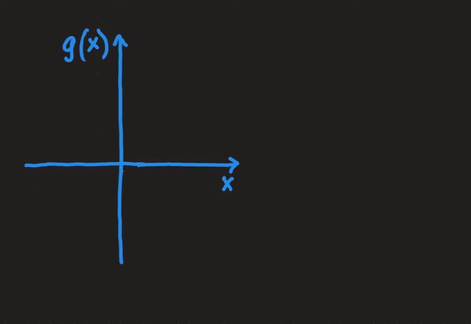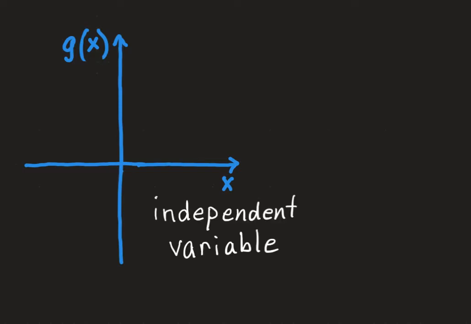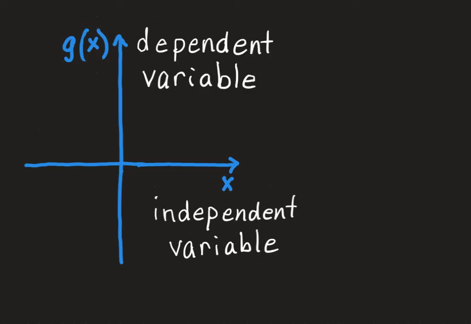We need a better way of talking about these axes if we're going to keep changing the names. I have already mentioned these terms, but just to reinforce that in your mind, the independent variable is represented by the horizontal axis, and the dependent variable is represented by the vertical axis.